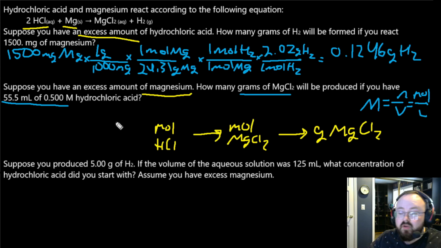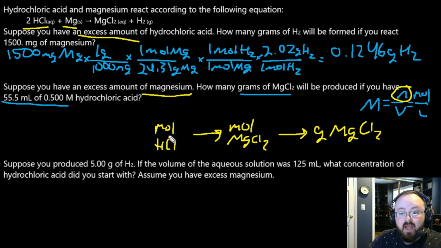But now there's no mention of mass in this problem. I want to find moles of HCl to convert from moles of HCl to moles of MgCl2, but I don't have grams. It's not like the example before where I have to go from grams of one thing to grams of another thing. But conveniently, when we look at a concentration, there it is. N is the moles of HCl.